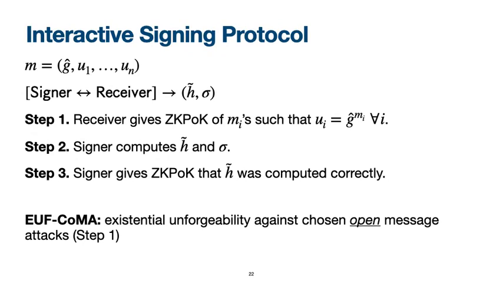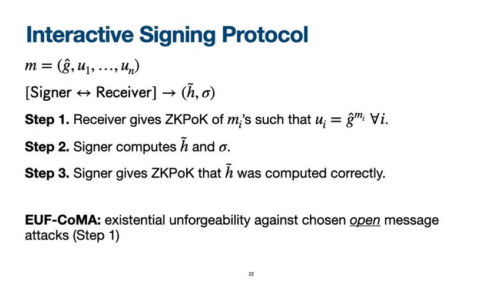And the first step, where you prove the discrete log of the message, this is something that was introduced as a type of unforgeability called existential unforgeability against chosen open message attack, which was introduced by Fuchsbauer et al. And this requires that the recipient give a zero knowledge proof of the discrete logs of the message.